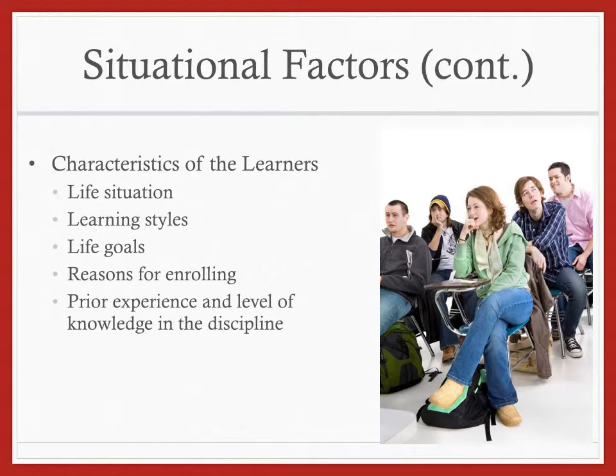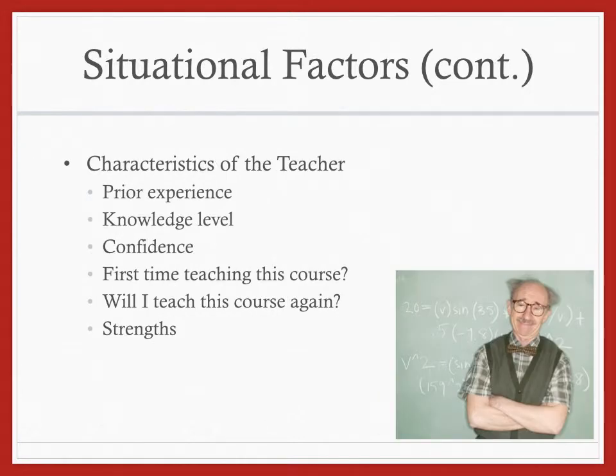They can work as athletic training students at the high school, and then they come to the university. So what's all the previous experience? Again, all these situational factors are all the different things that come into play when we design a course.